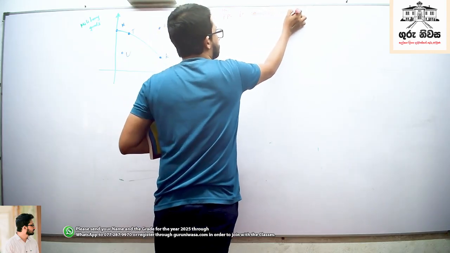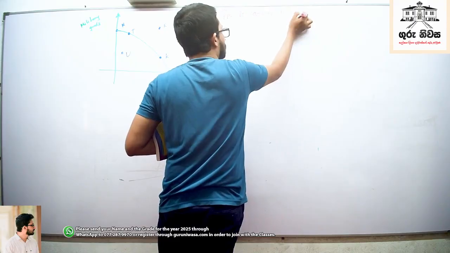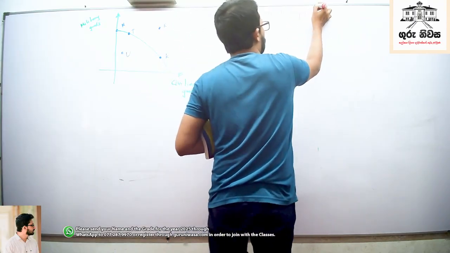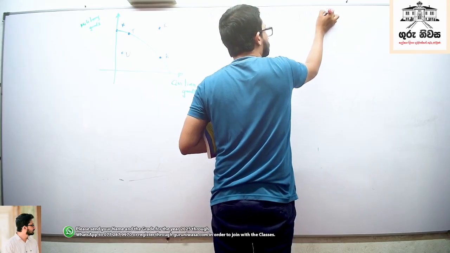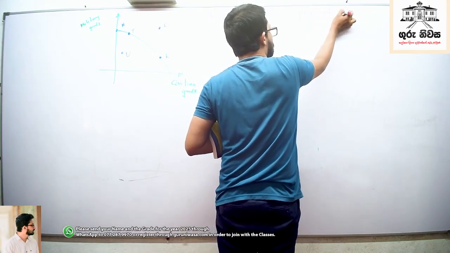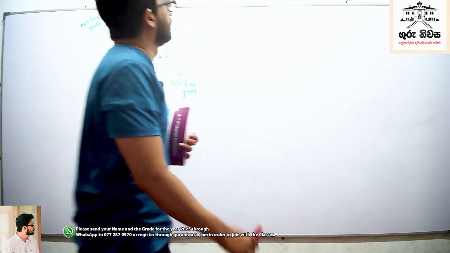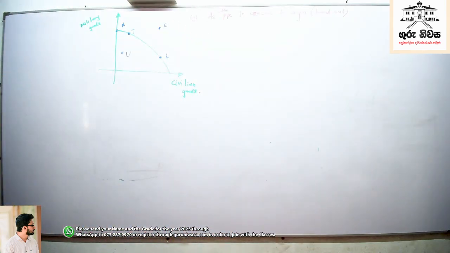So that this is called bowed out. Right? Concave to origin.